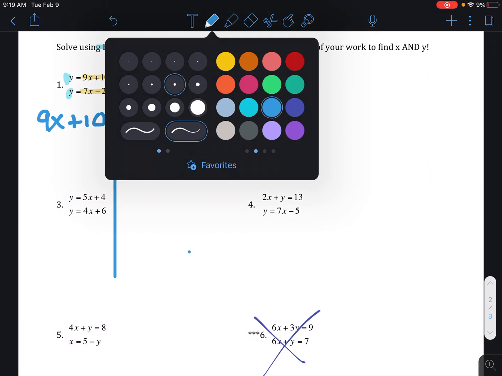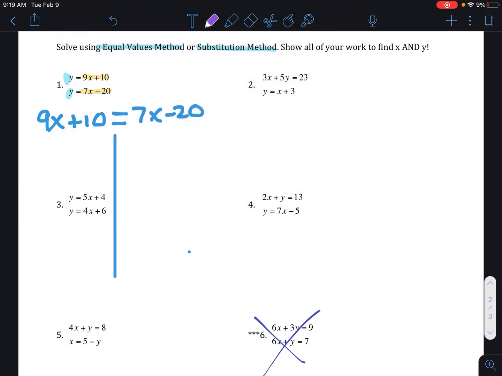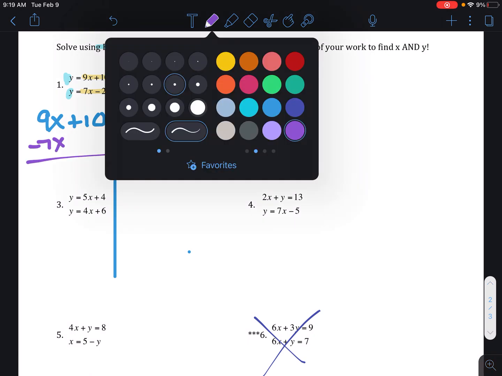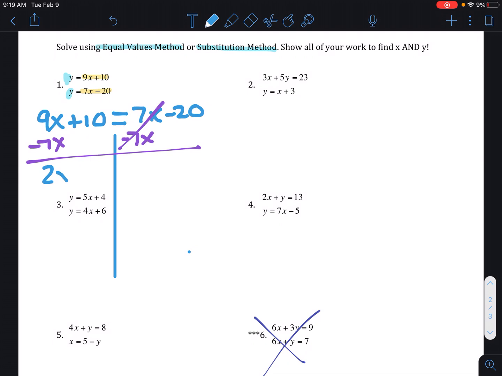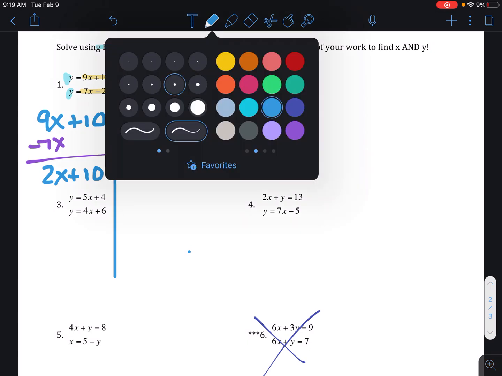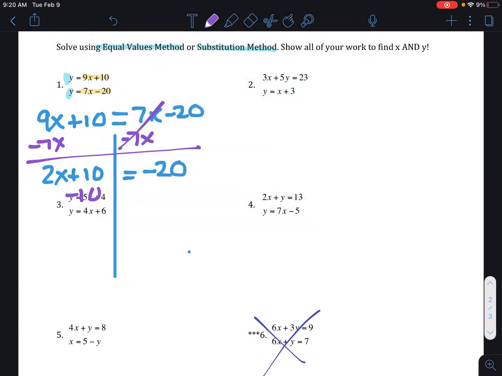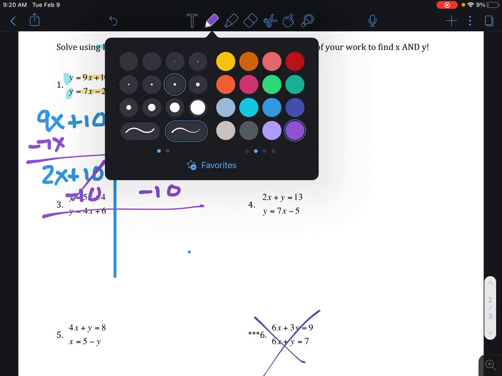All right. Solving this, I'm going to subtract 7x from both sides. Cancels out the x's on the right. And that leaves me with 2x plus 10 is equal to negative 20. Careful there. Then I'm going to subtract 10 from both sides to get rid of my constants on the left.